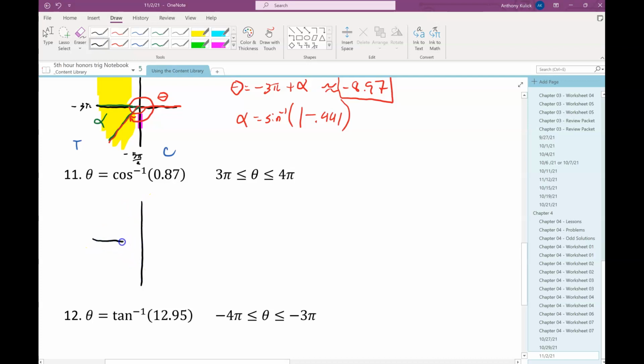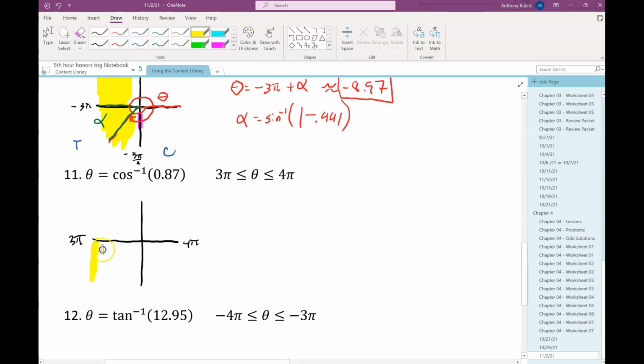Okay, so same idea. This time notice that theta is positive, so I'm going to be going counterclockwise. So let's see, we're 0, pi over 2, pi, 3 pi over 2, 2 pi, 5 pi over 2, 3 pi, 7 pi over 2, and then 4 pi.